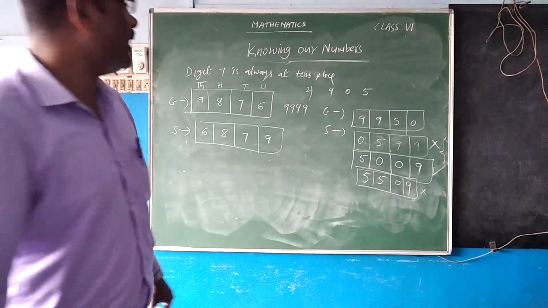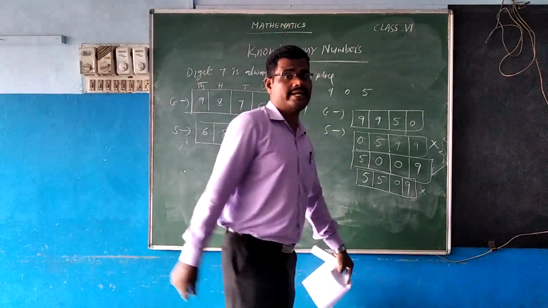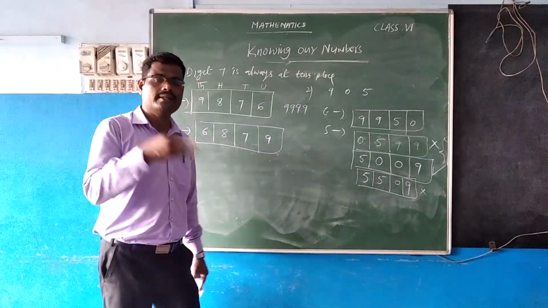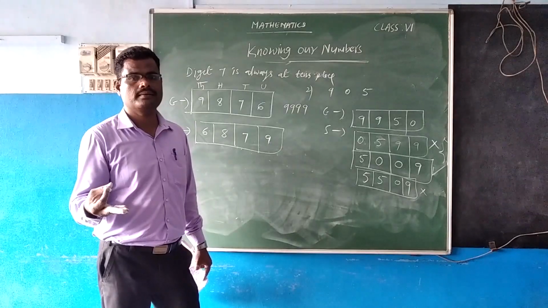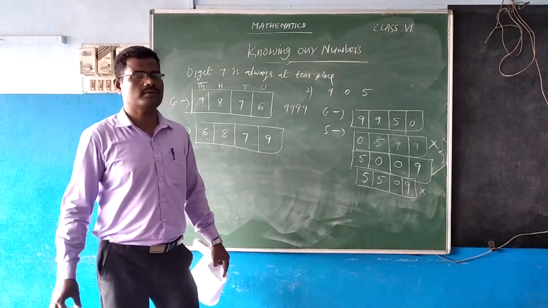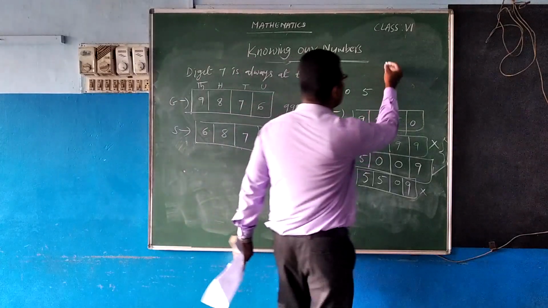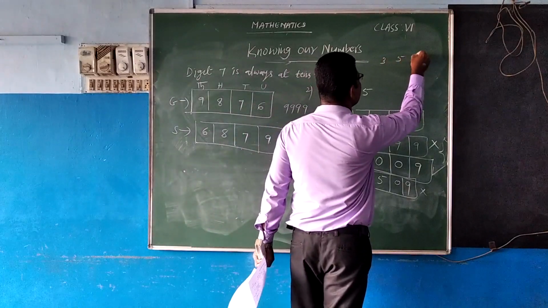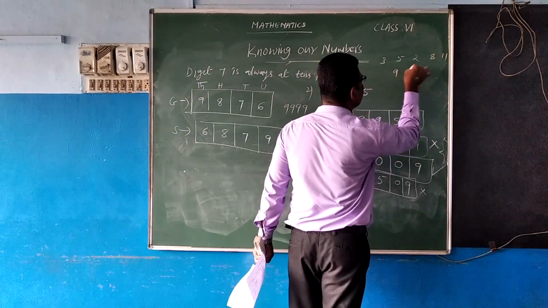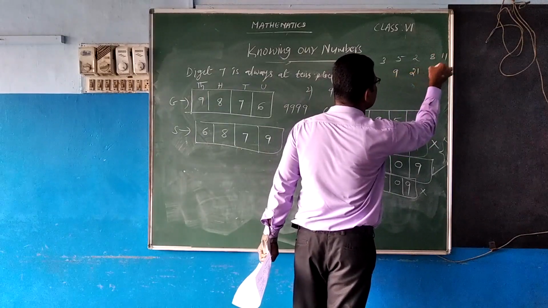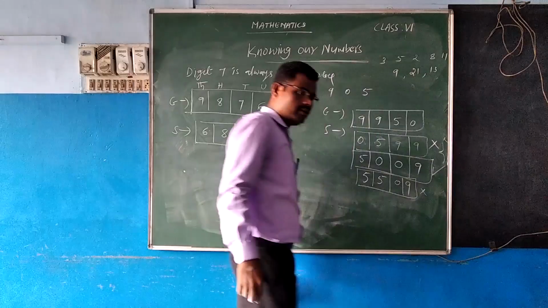So what do you mean by ascending order and descending order? Writing the given numbers in the smallest way. Suppose the numbers are 3, 5, 2, 8, 11, 9, 21, 13.